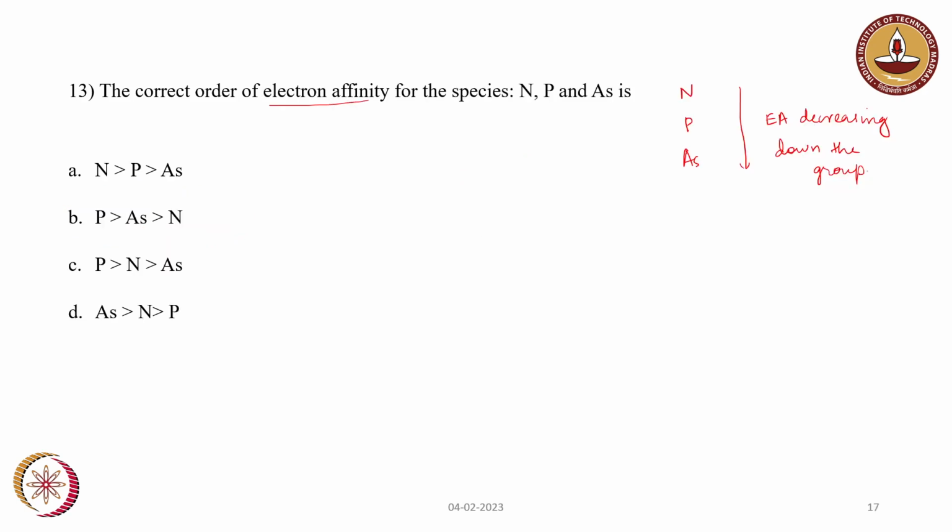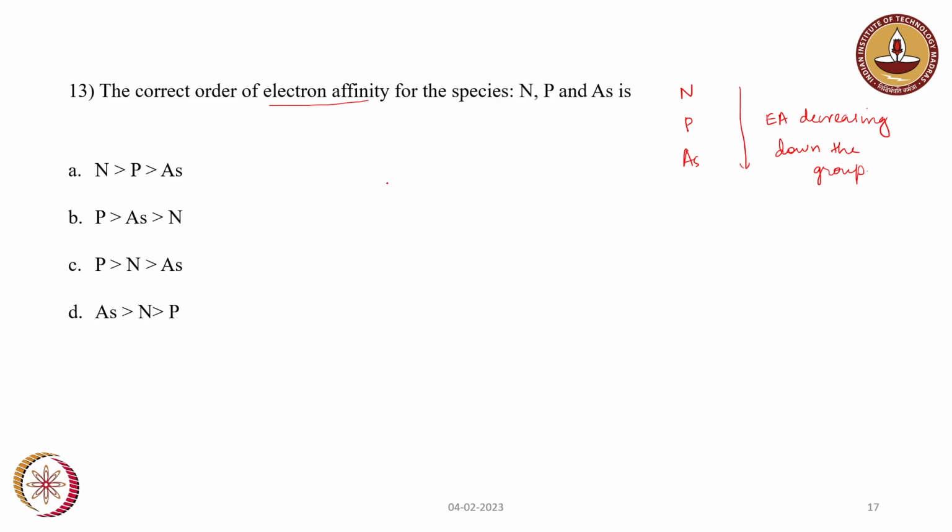And the next one is the correct order of electron affinity for the species N, P, and As, and all 3 elements are in the nitrogen family. When we move down the group, electron affinity will be decreasing.